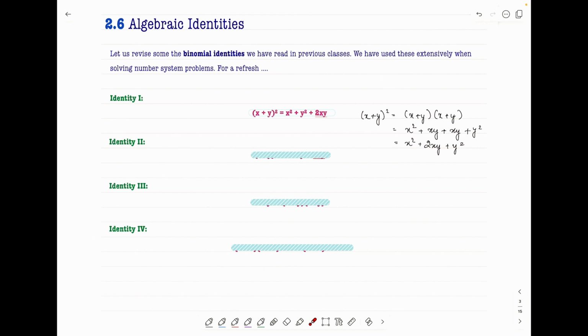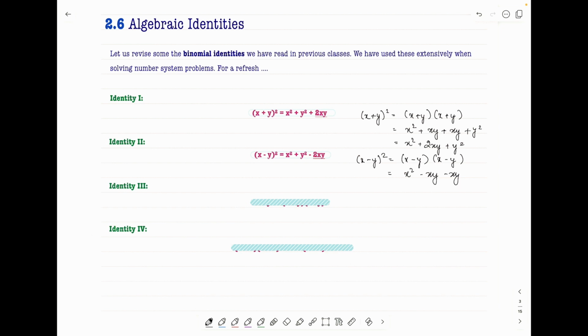Got my point? Then the second identity is (x minus y) whole square. Similarly, (x minus y) whole square is (x minus y) into (x minus y). So x into x is x square. x into minus y is minus xy. Minus y into x is minus xy again.